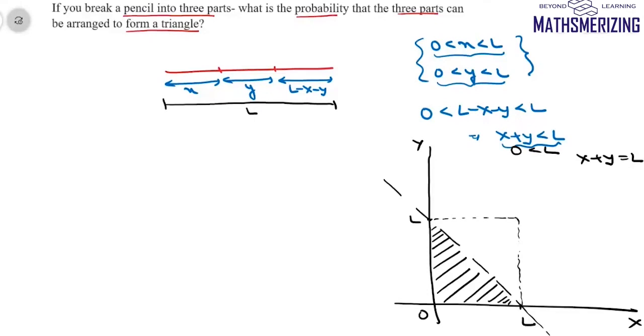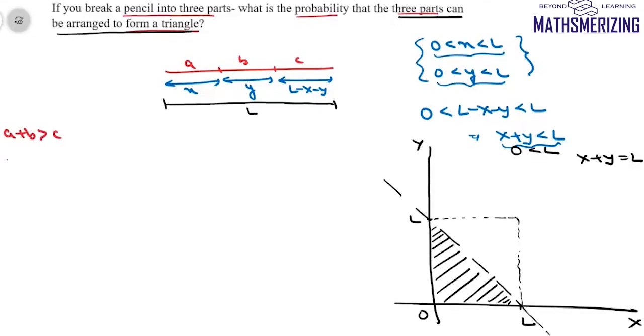Now we need to find the condition that these 3 parts can be arranged to form a triangle. Now let the 3 sides of a triangle be A, B and C. Now we know that A, B, C are sides of a triangle if they satisfy the triangle inequality, and the triangle inequality is that the sum of 2 sides is greater than the third side.